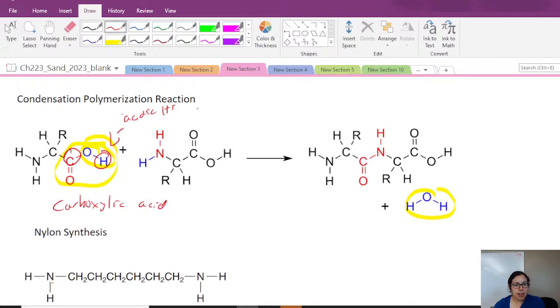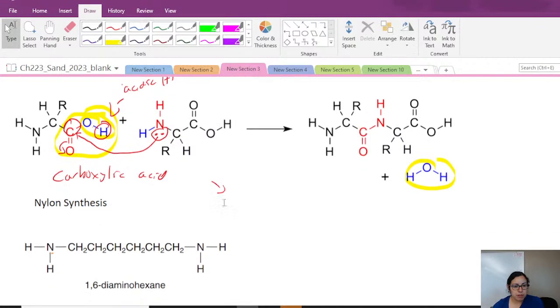Basically what happens is you have this electrophilic attack. Nitrogen has those lone pairs, don't forget about that, and it's going to attack this carbon. Then it'll push initially those electrons up.